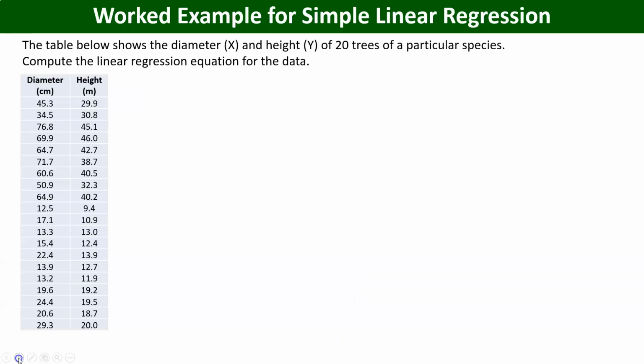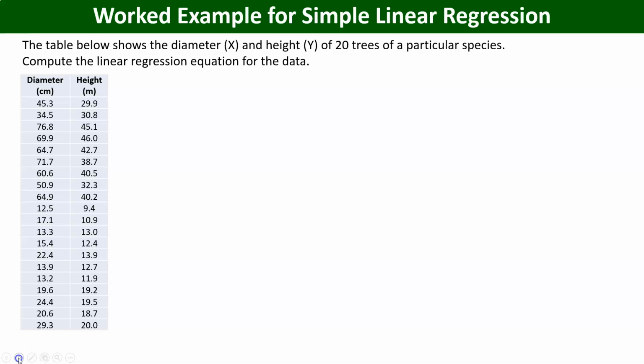So, the worked example is right on the screen, and it's a table showing the diameter, which is variable x, and height, which is variable y, of 20 trees of a particular species. So the task is to compute the linear regression equation for the data. That's what we want to do.